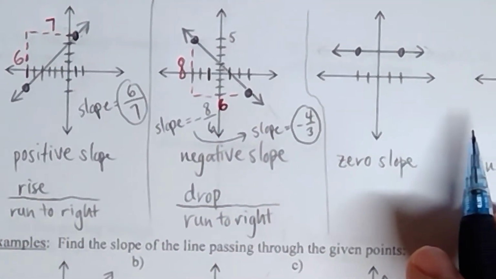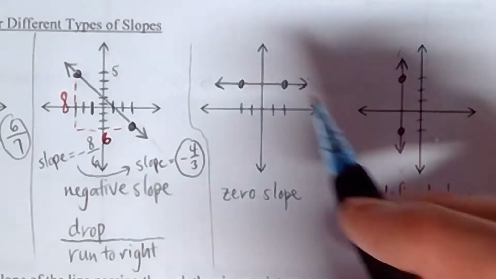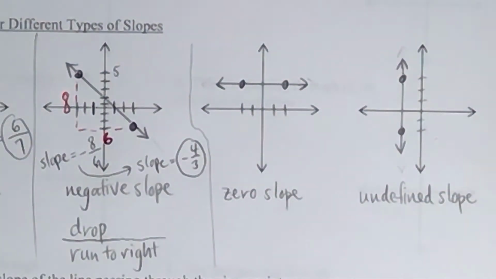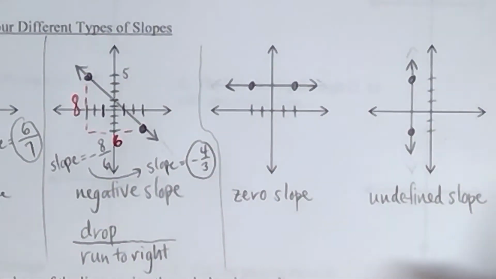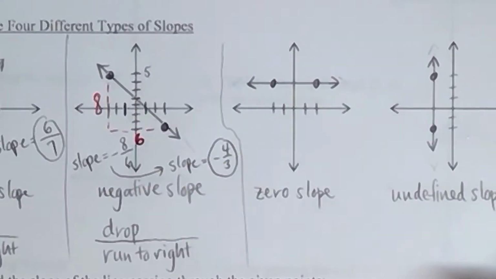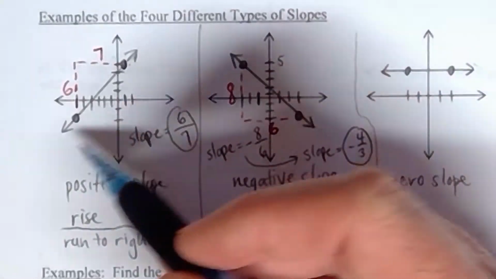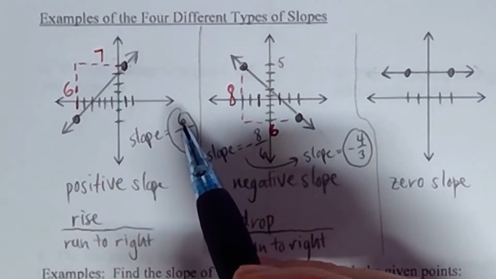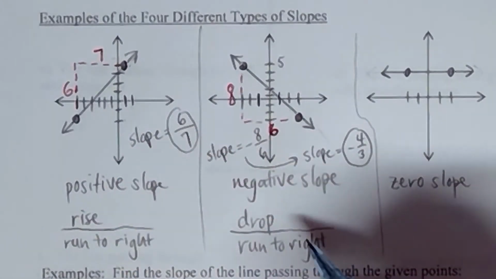what's different about these last two graphs here? They're horizontal and vertical. As we saw in the first couple of sections of 4.1 and 4.2, horizontal and vertical create a whole different situation when we graph, and it's no exception when we look for the slope as well. If you have a normal line that's neither horizontal nor vertical, you're just going to do either rise and run or drop and run.